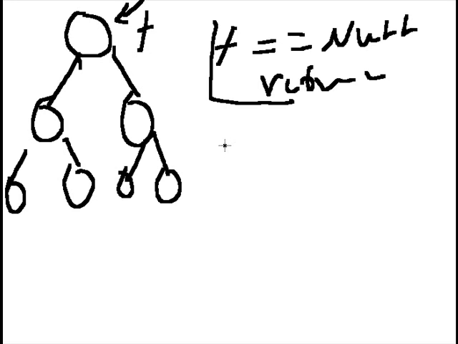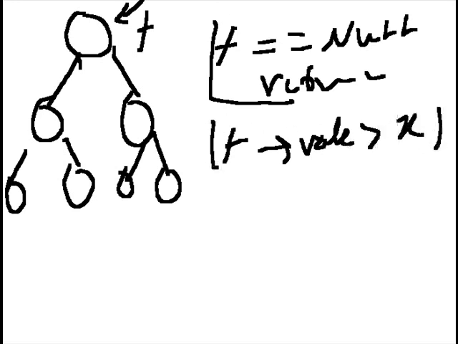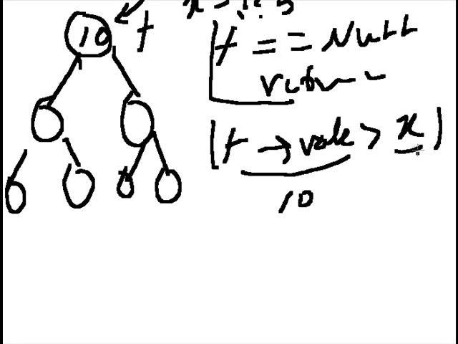Actually, the first case, that t slash value is greater than x. X is the element that I want to see if it's inside the tree or not. So if t slash value greater than x, what does it mean? Suppose x is 5 and here I have 10. So t slash value is 10, greater than 5.